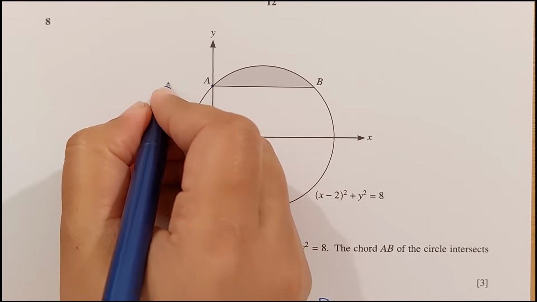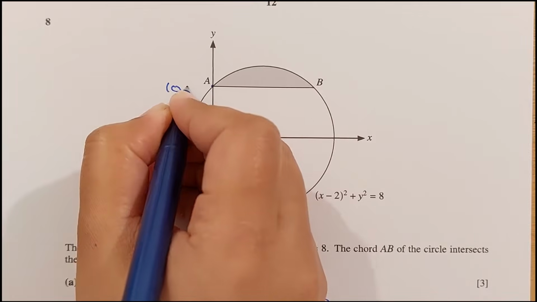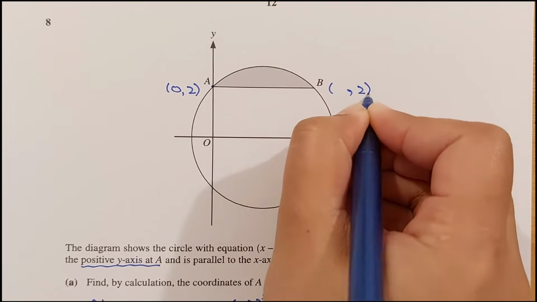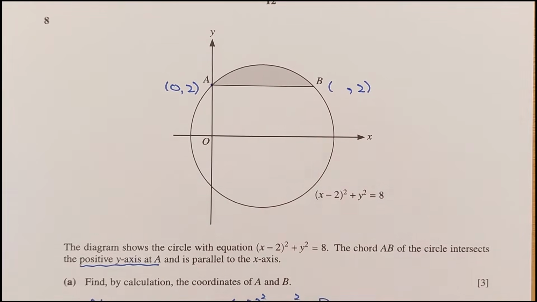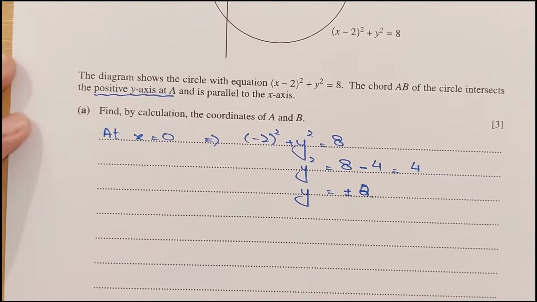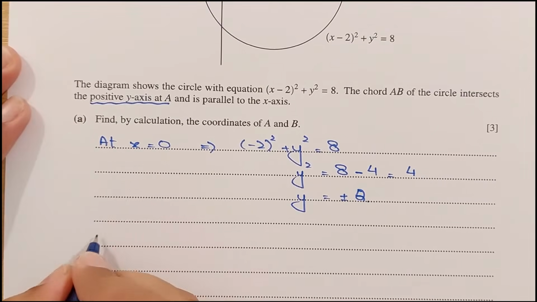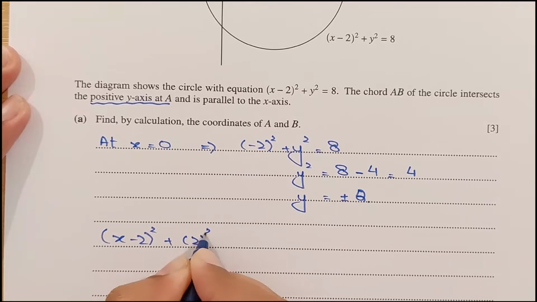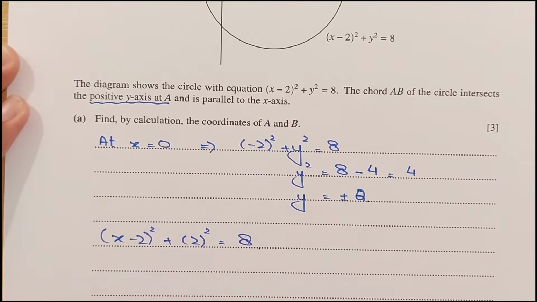So the A coordinates: the x coordinate is 0 and the y coordinate is positive 2. Again, the y coordinate is 2 because the chord is parallel to the x-axis. We have to find the x coordinate, right? So just substitute y equals 2 and solve for x. So we have x minus 2 whole square plus 2 whole square equals 8, right?